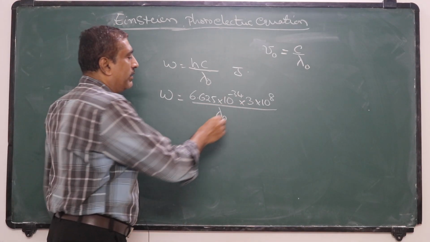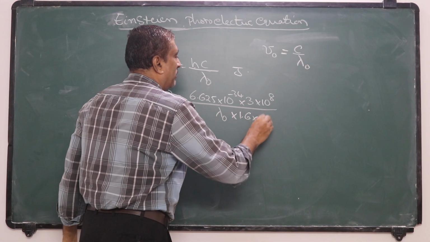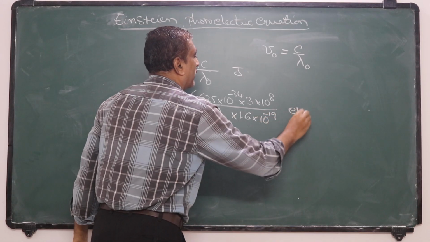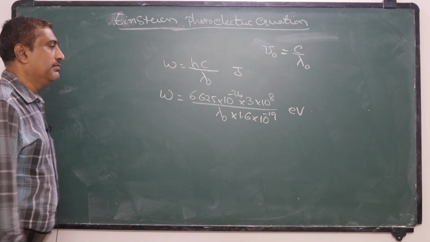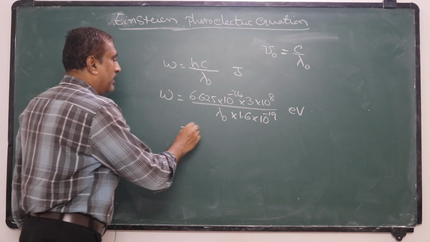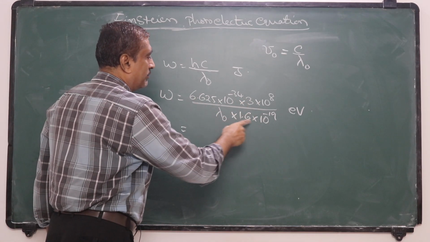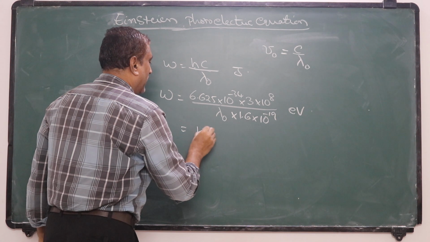If we divide it by 1.6 × 10^−19, we get it in electron volt. By calculating and simplifying, we get the relation.